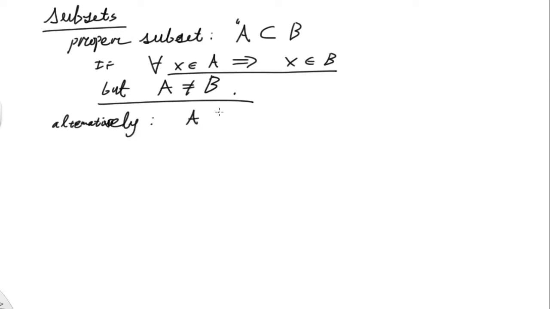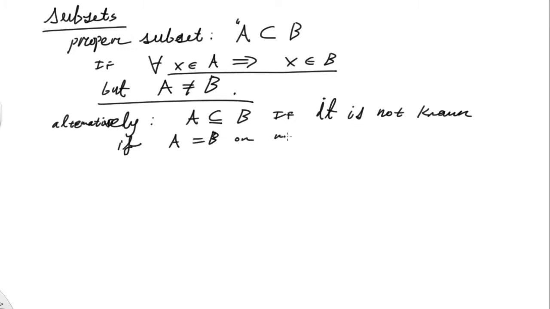Okay. So also then there's the other symbol. Alternatively, we say that A is an improper subset if it is not known if A is equal to B or not. Okay, and that means that A could be equal to B, but we're just not sure. Okay, all right.